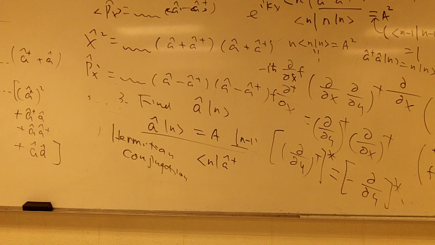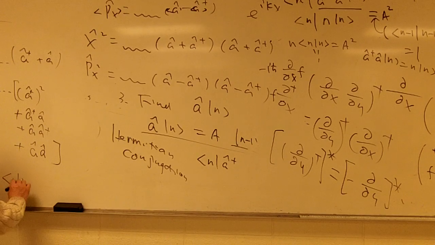Then you can calculate equation 3.11. So we can calculate the expectation value of x squared. In other words, you will get something like this, and you can calculate this immediately.